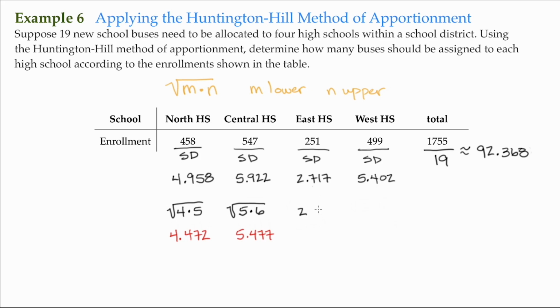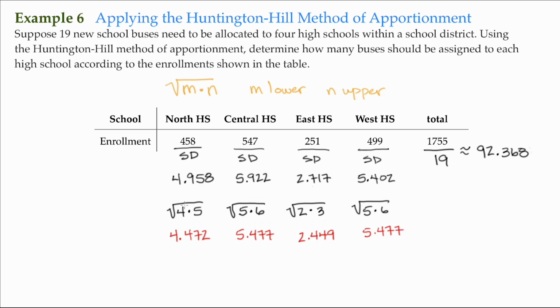The upper bound would be 3. 2 times 3 is 6. The square root of 6 is 2.449. And for our final subgroup here, our lower bound again is 5. Our upper bound is 6. 5 times 6 is 30. The square root of 30, and that's 5.477.